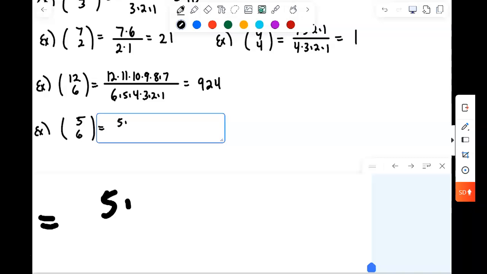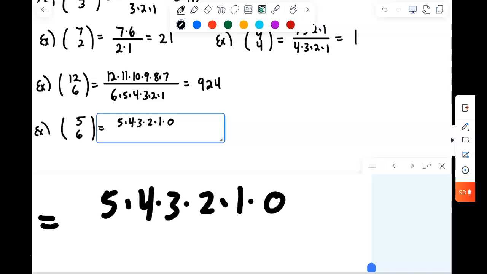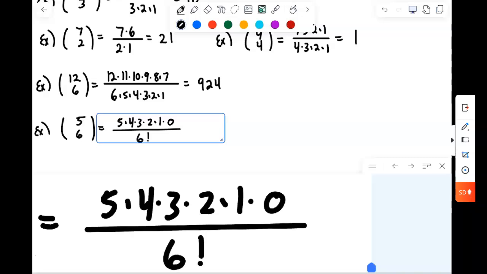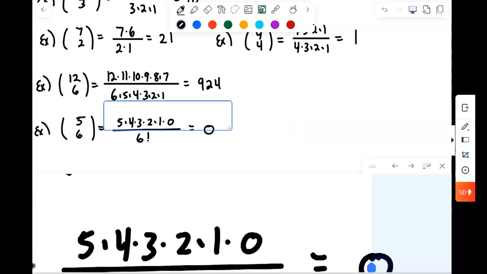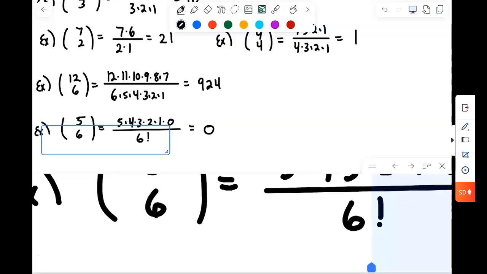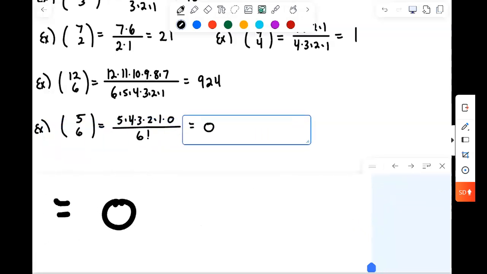So this would be 5 times 4 times 3 times 2 times 1 times 0 all over 6 factorial. Because the top includes a 0, that's going to be 0. So if we ever choose a number bigger than what we have, that's going to end up being 0.